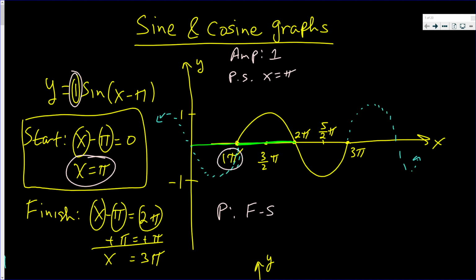Well, if you go from 1 pi to 3 pi, it's 2 pi. Or if you want to do the finish minus the start, you still get 2 pi. The period is 2 pi.